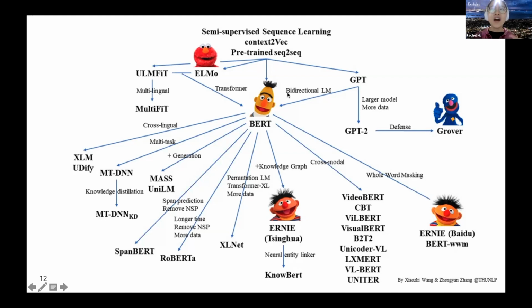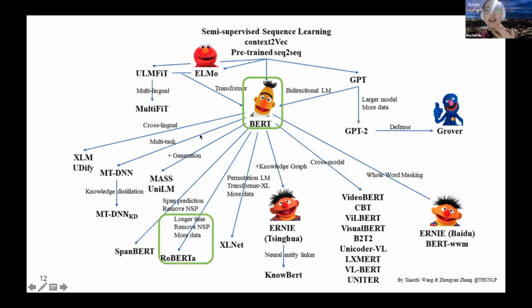ELMo, GPT, BERT, and XLNet were all coming out around 2017 to 2018. The BERT paper was actually published about 2 years ago, in late 2018, which brought a huge enthusiasm in research. And after the BERT paper, research also derived this whole family of BERT models.